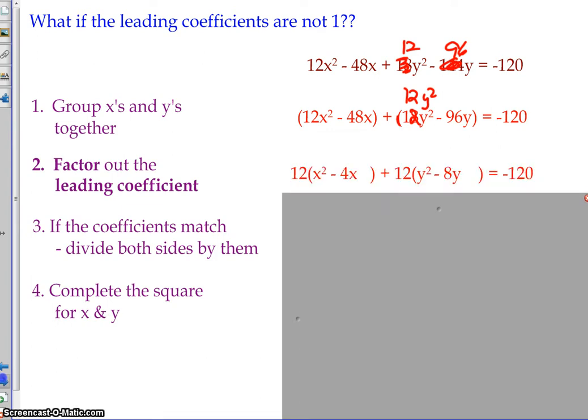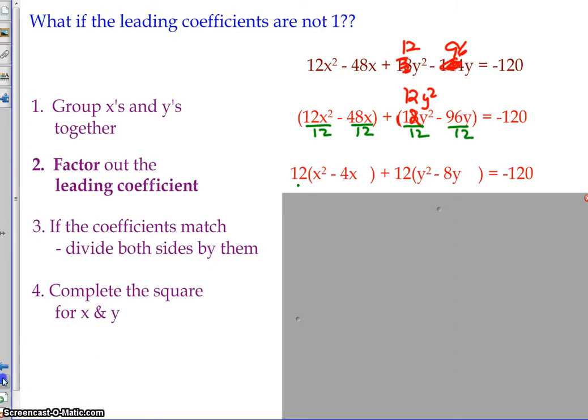What you do next is you factor out that leading coefficient. So if you remember, it's kind of like saying I'm going to divide both of these, but just this grouping, by 12. So I factored out the 12 and I wrote the 12 out in front. I did the same thing with this 12. I divided this by 12 and divided this by 12. And then I got x squared minus 4x. And then here, y squared minus 8y.